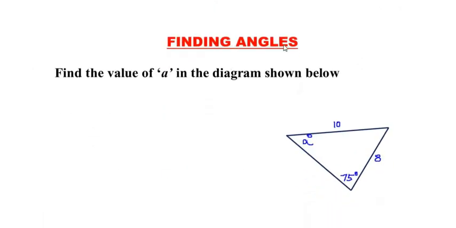Now let us look at the next question, which is finding the angles. Here again we have to see whether we have to use the sine rule or cosine rule. Cosine rule I'll be teaching you later in this video.